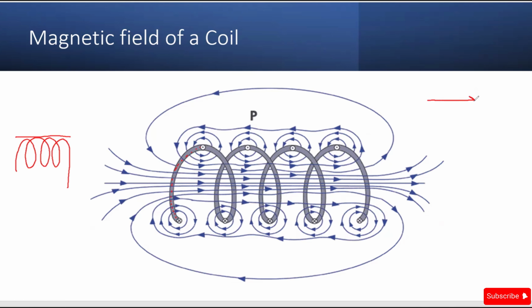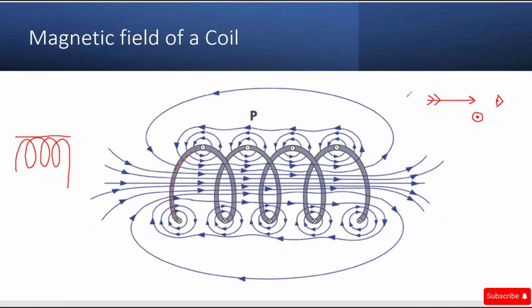For example, this is the head of an arrow, and here we have the tail of the arrow. If we are at the front of it, meaning that this arrow is coming towards us, then we will observe the tip of the arrow. So it means the vector is coming towards you.